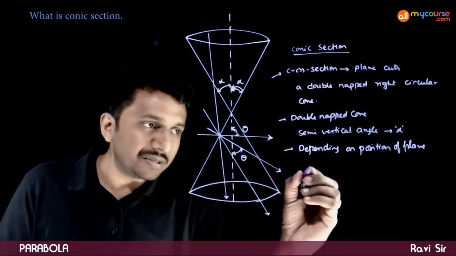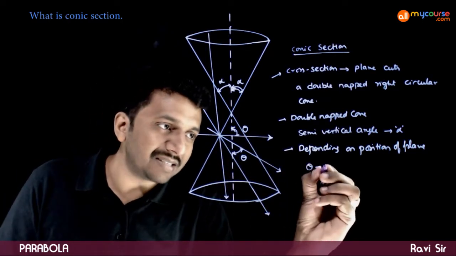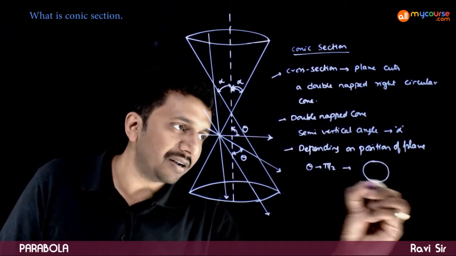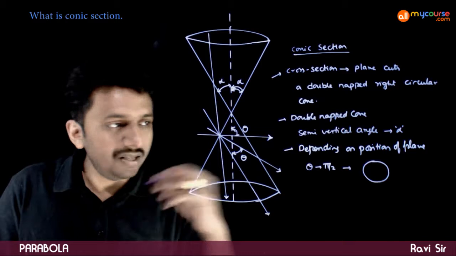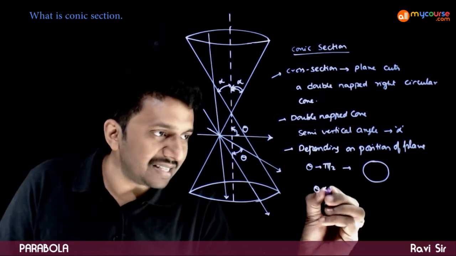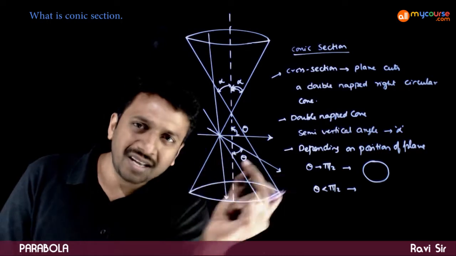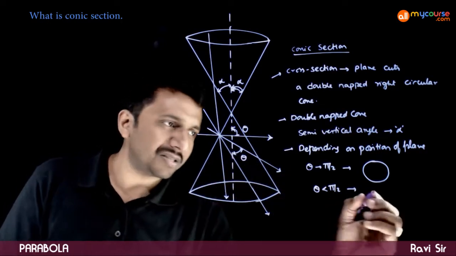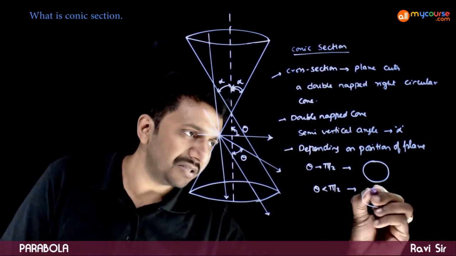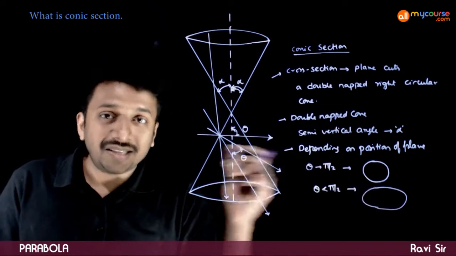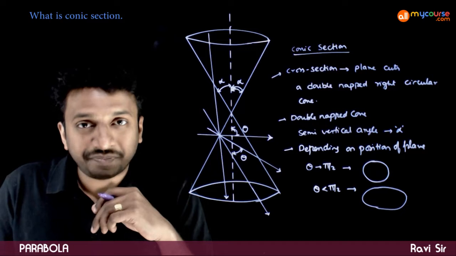If the angle is 90 degrees, you get a nice circular cross section. If the angle is less than 90 degrees, you get an elliptical cross section. So this is also an example of a conic section.